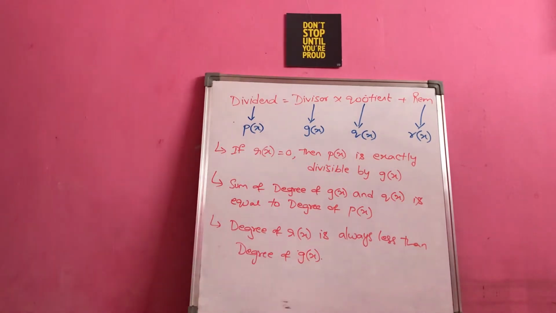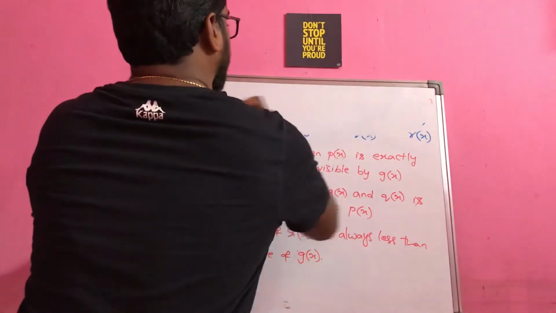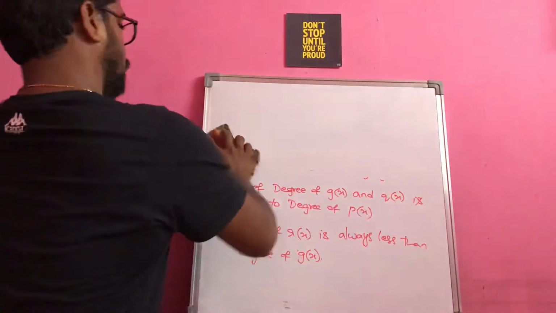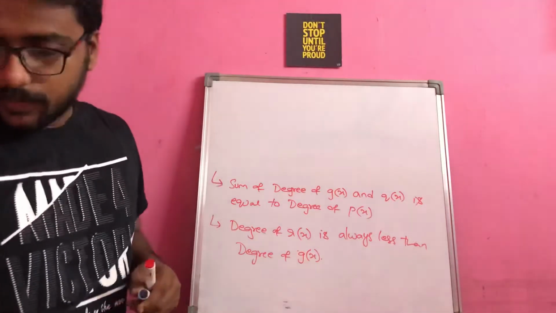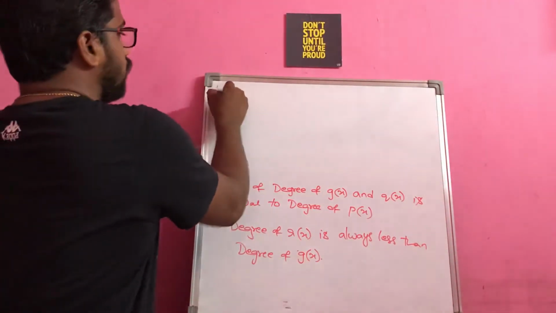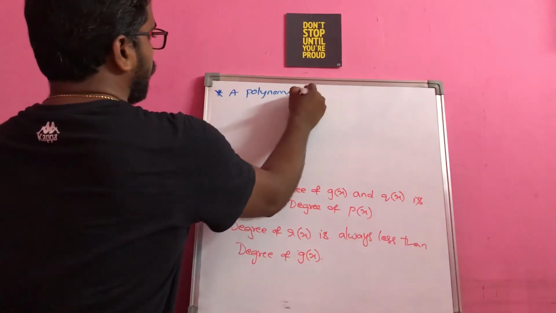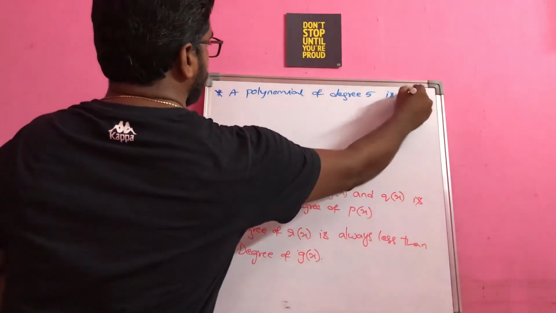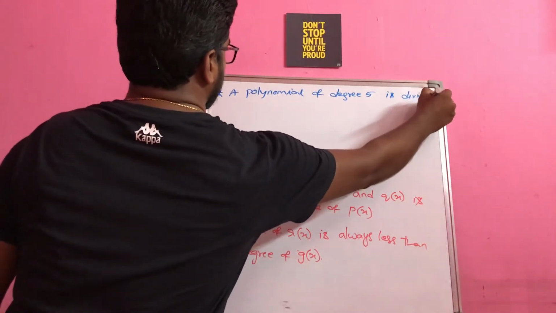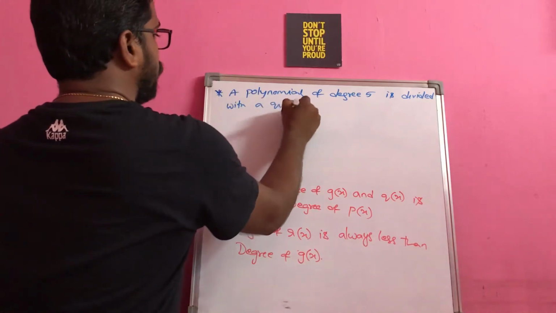Now let us discuss one question based on these things. Please take down this question. A polynomial of degree 5 is divided with a quadratic polynomial.